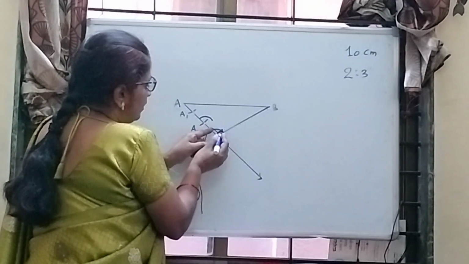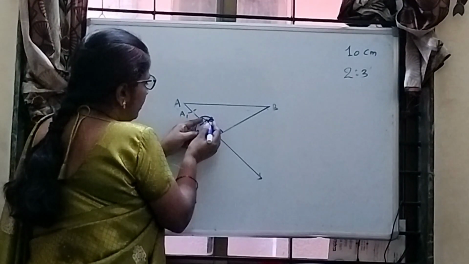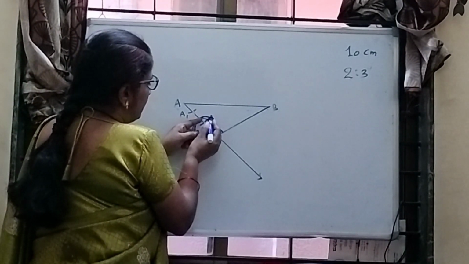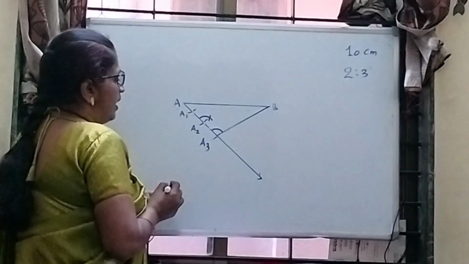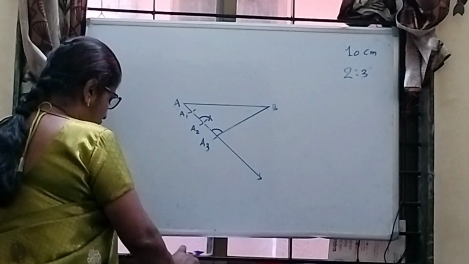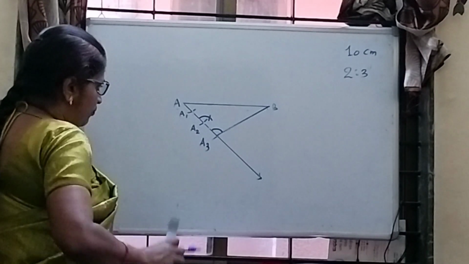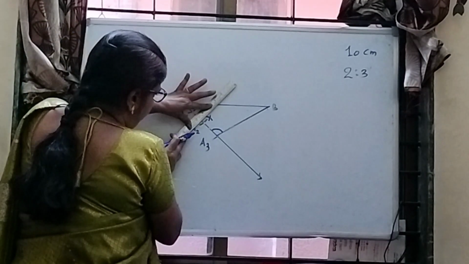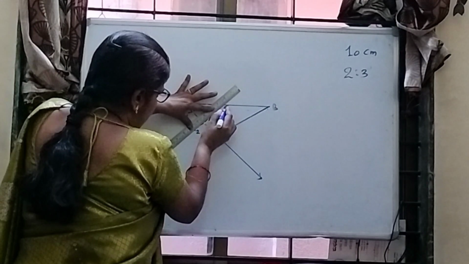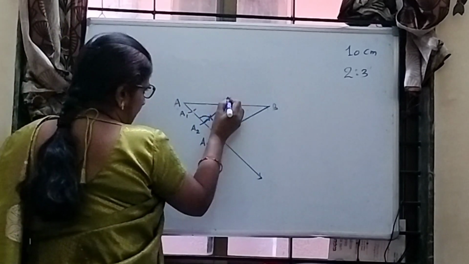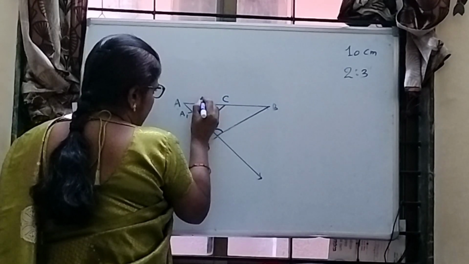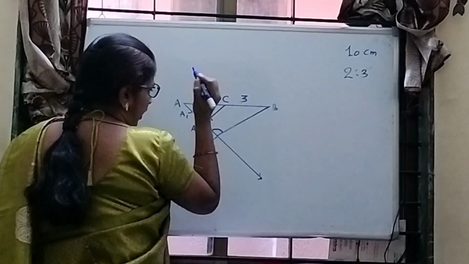Then same radius with the compass tip, that is this point as center, draw an arc like this. So when you draw an arc through that point, we got these 2 met. At that point, if you draw a line, you will get exactly the C, that is this is 2:3.